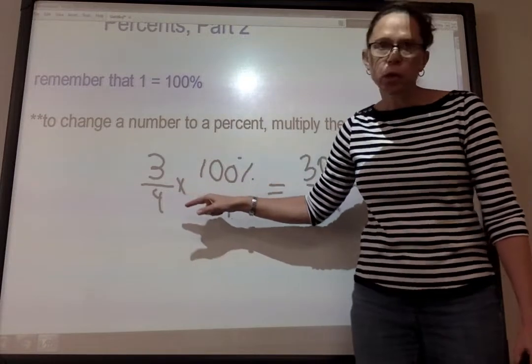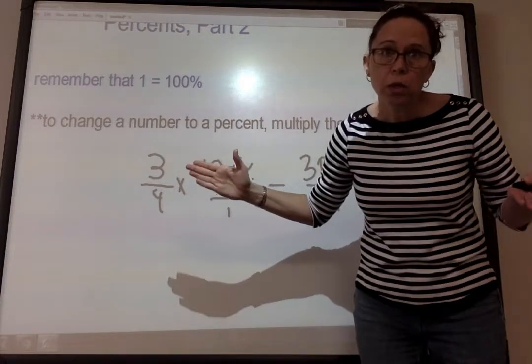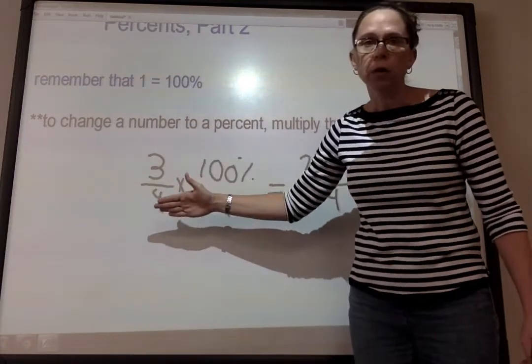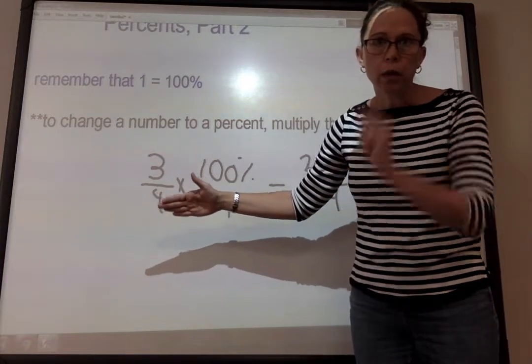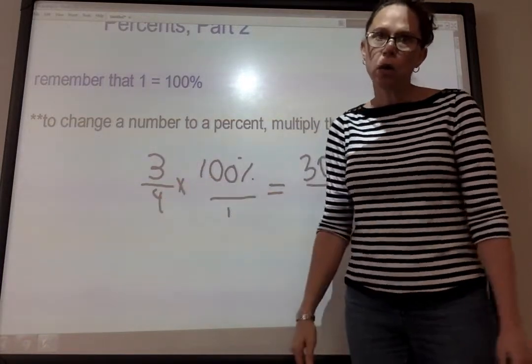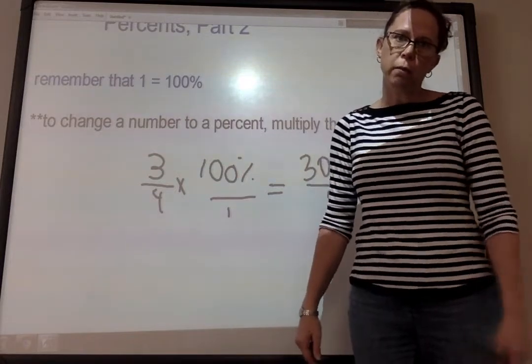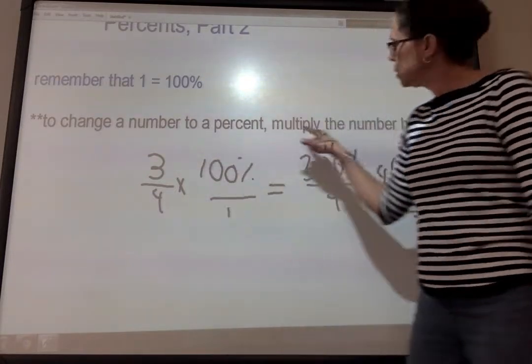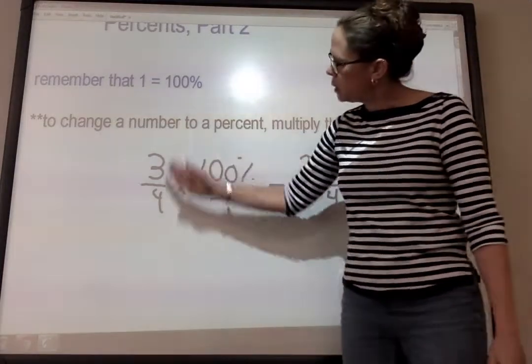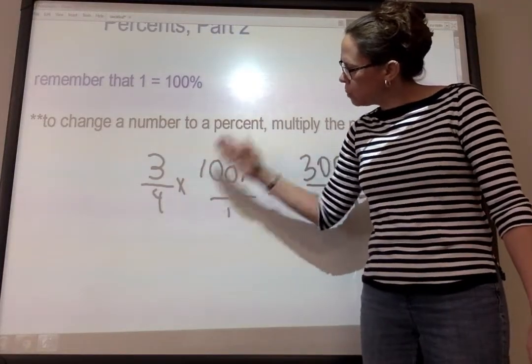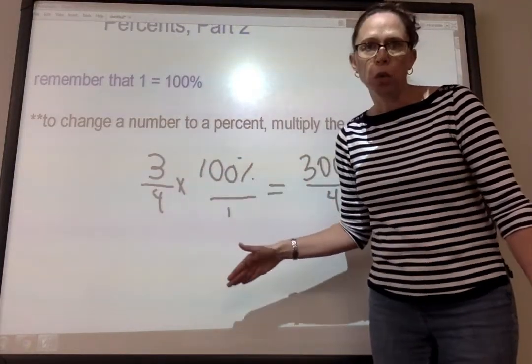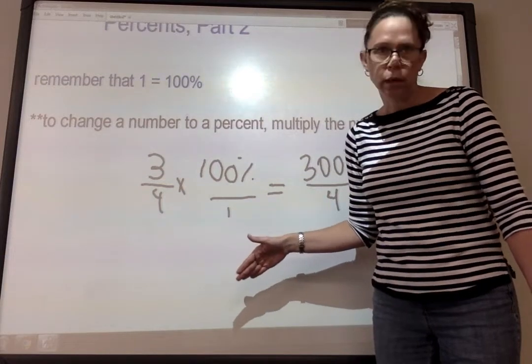So think about something like this: 3/4. If we want to turn 3/4 into a percent, we've been doing this, right? 3 divided by 4 gives me 75%. Well, let's take one where we already know what 3/4 is as a percent and use our new procedure for today. It says we're going to multiply the number by 100%. This is a fraction, so when I multiply it by 100%, I'm going to put it over 1 to make it a fraction.